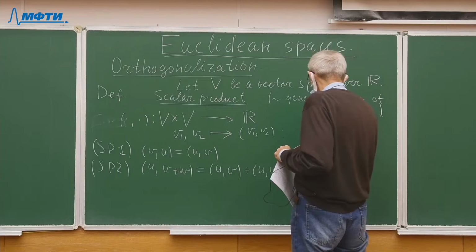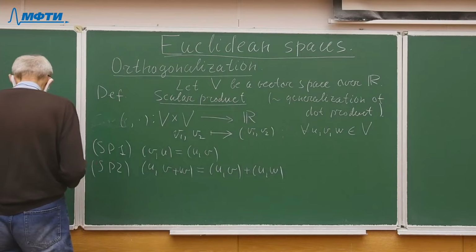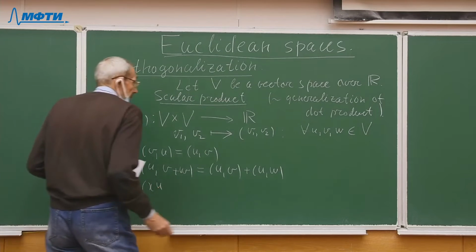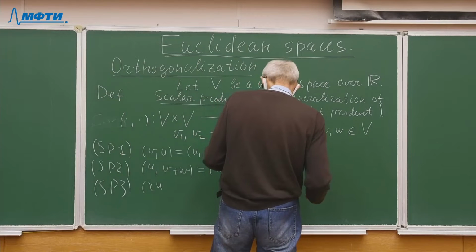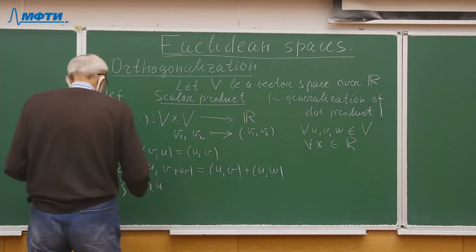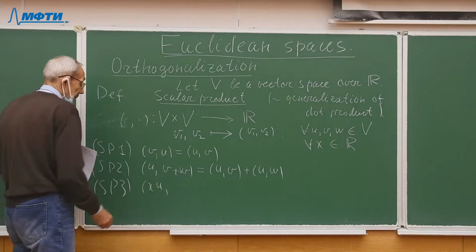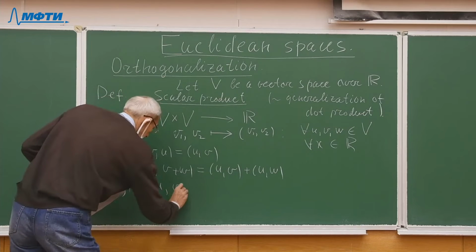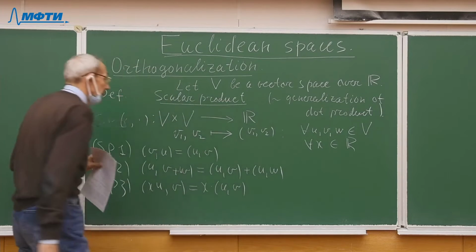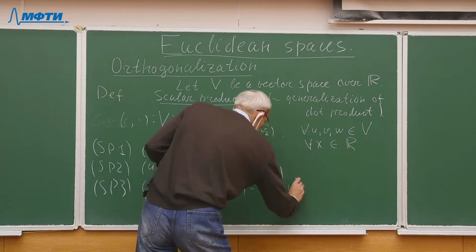This condition is true for any vectors u, v, w from the vector space V. And third condition: if we have any real number x, and we apply our scalar product to the product of x and an arbitrary vector u, and any vector v, we obtain the product of x and the scalar product of vectors u and v, and this is equal to the scalar product of u and the product of x and v.